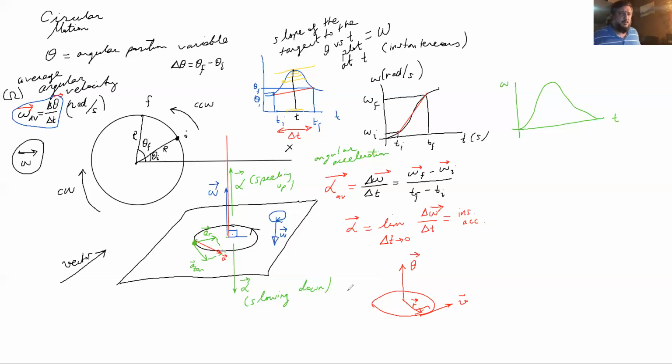So what about the kinematics of it? Kinematics equations. Since you're familiar with linear motion, one-dimensional motion, and you know what happens if the acceleration is constant, you have equations.